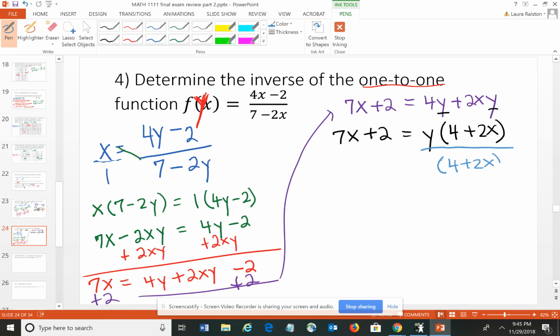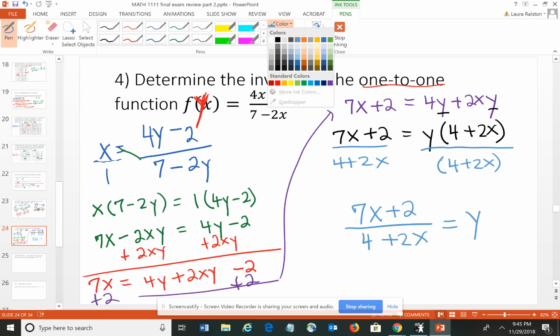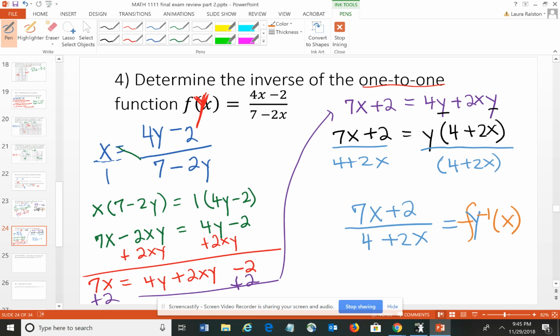So I'm going to divide by 4 plus 2x on either side, and I end up with 7x plus 2 all divided by 4 plus 2x, and that equals y. But again, remember, in this scenario, y equals f inverse. So this is your answer.